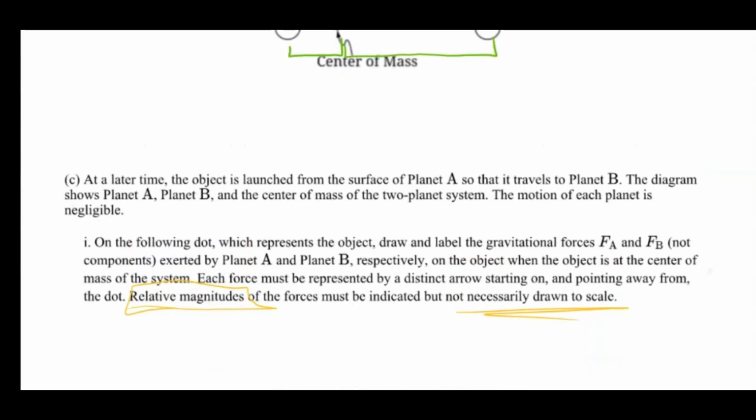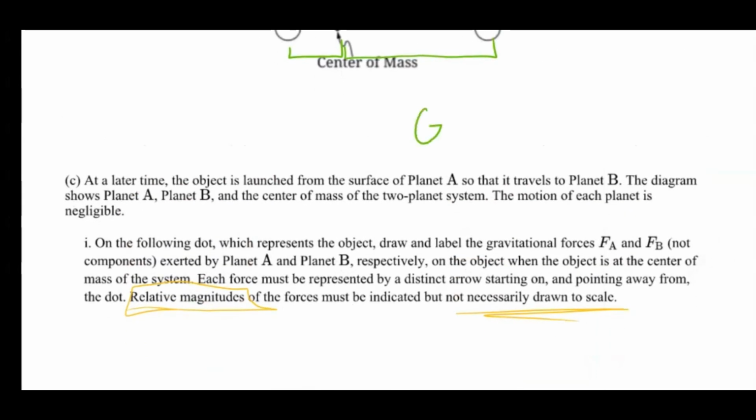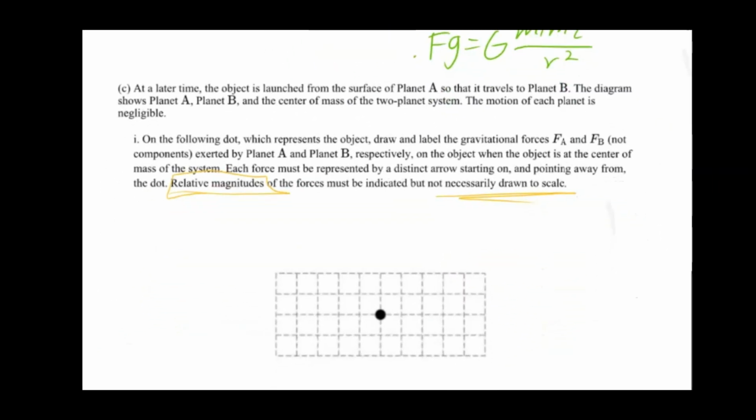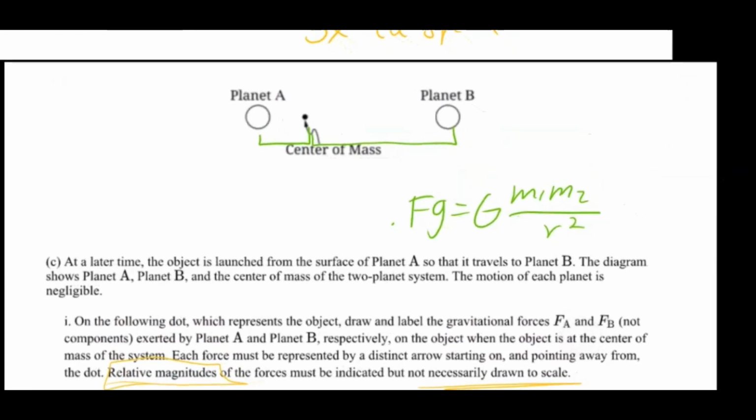All right. So using this information, I can detail Newton's law of gravitation, which is Fg equals a gravitational constant G, mass 1, mass 2, over r squared. And r here is just distance, but it's written as r squared.